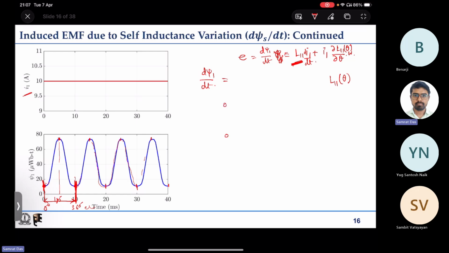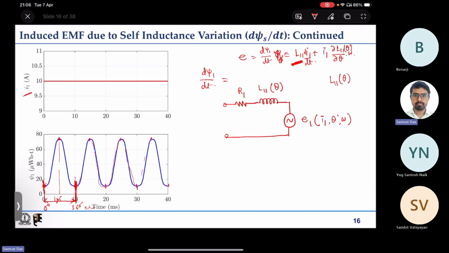So if we want to represent the physical winding as an electrical circuit, first we use the winding resistance, then the inductance of the coil, L11, which changes with rotor position, and after that we add an induced EMF, say E1, which depends on the current, on the rotor position, and also on speed.